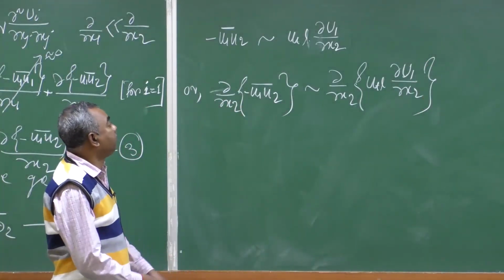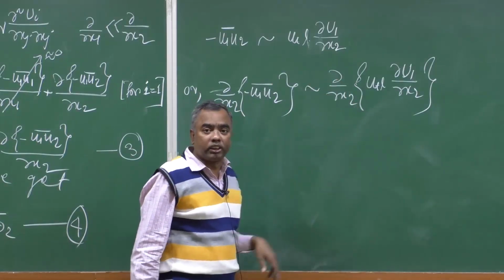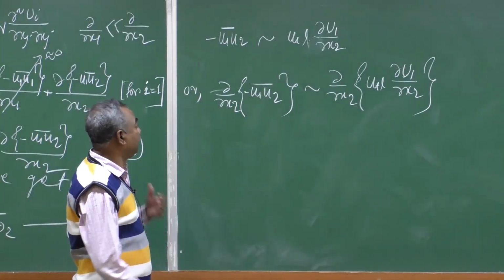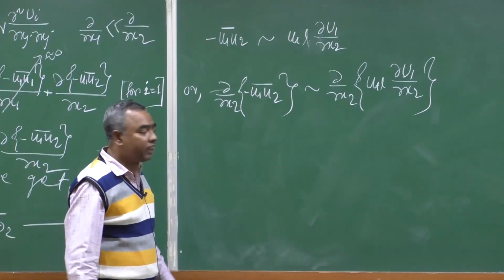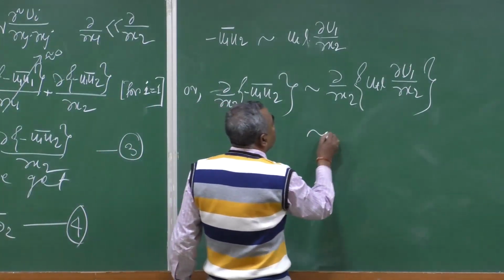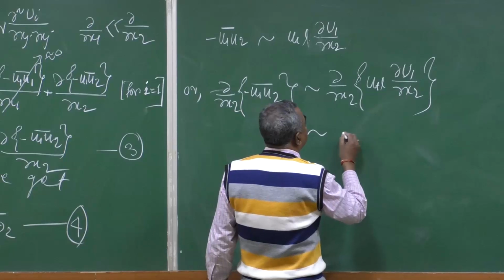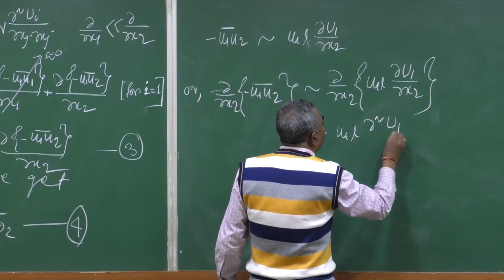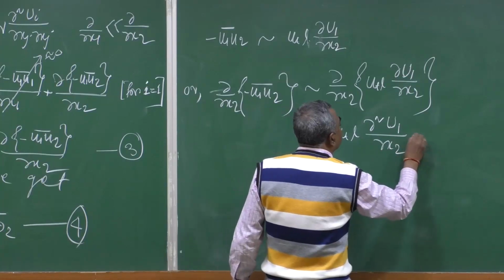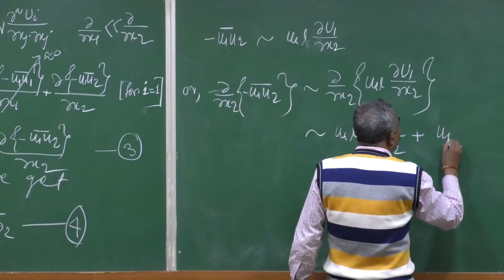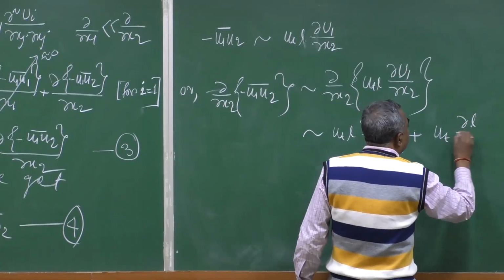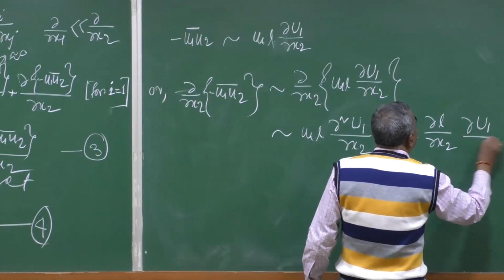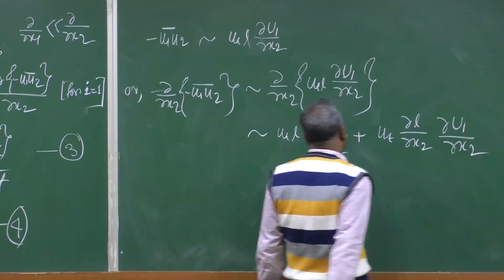So, here if u_t is constant, if the turbulent velocity scale does not vary in the cross stream direction, then this can be written as u_t L del 2 u1 del x2 squared plus u_t del L del x2 del u1 del x2.